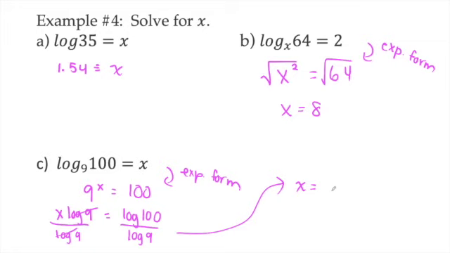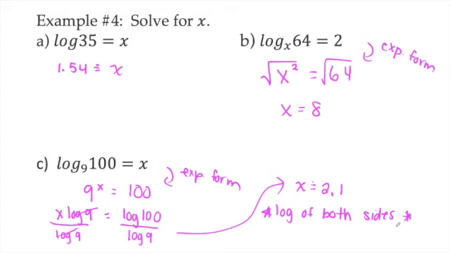You have an x, and you're just going to simply type in the log of 100 on your calculator divided by the log of 9 on your calculator, and you should get approximately, let's round to 2.1. Okay, so this is something called taking the log of both sides. It's really easy. It's the same thing each time, but that's how you would evaluate something like that.